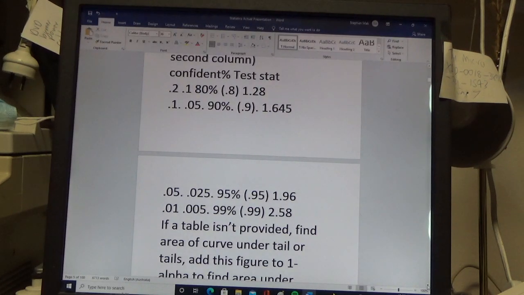Sometimes you get a table, so at 80%, the critical value is 1.28, 90%, 1.645, I've seen that, and 99% the critical value is 2.58.